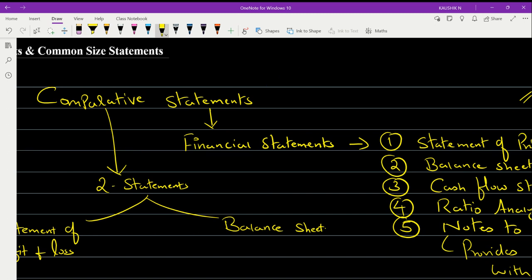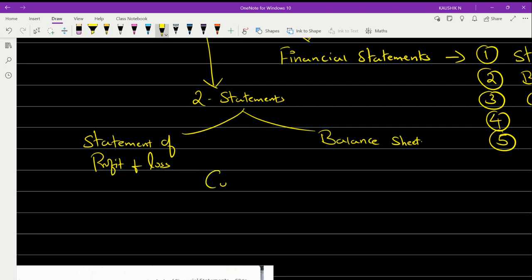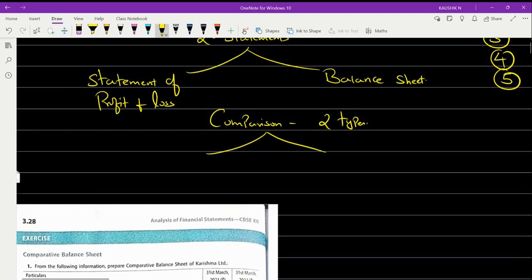One we call inter firm comparison, and the other is intra firm comparison.